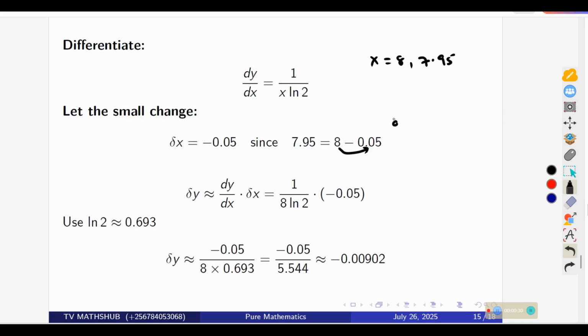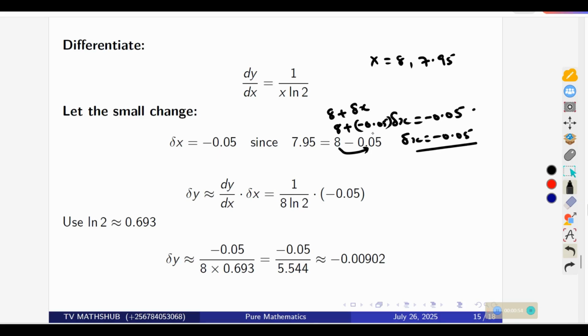So our delta x will actually be negative 0.05, because this can be written as 8 plus negative 0.05. This is the same as 8 plus a small change in x, so the small change in x is negative 0.05.